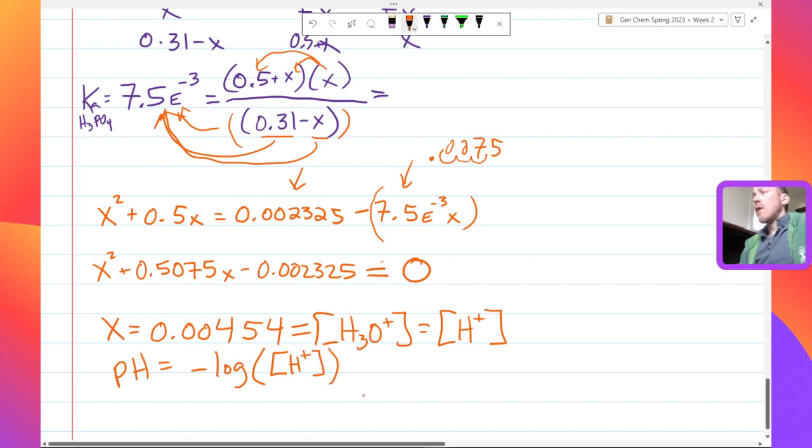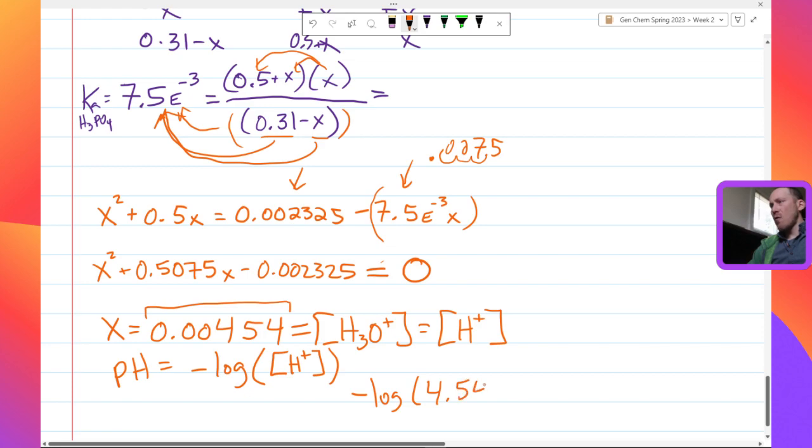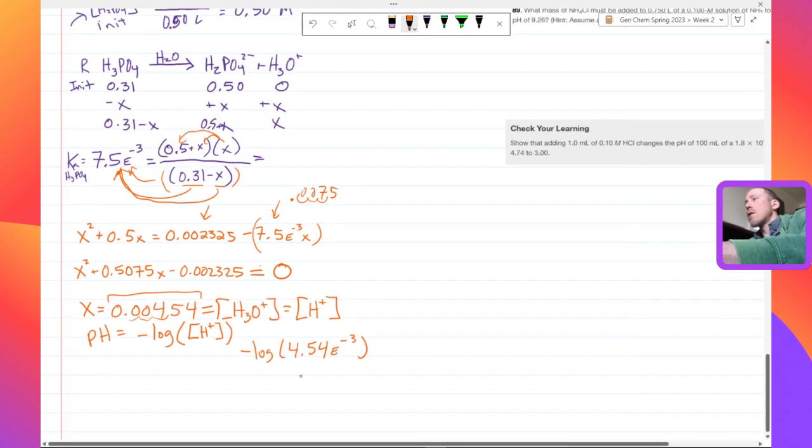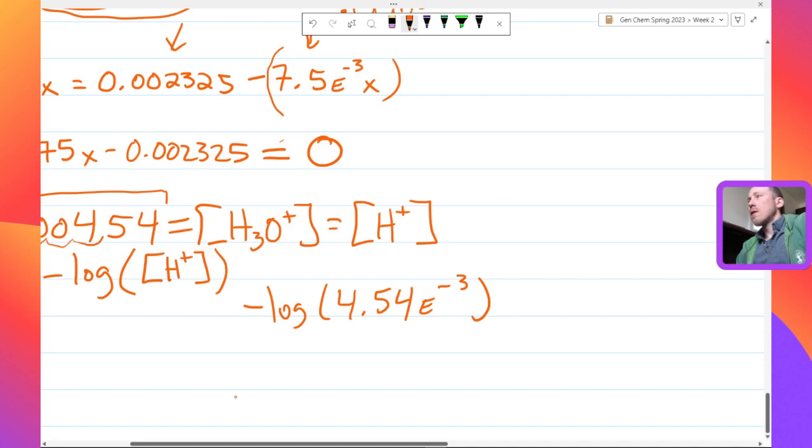Okay. And if you take the negative log of this, which is 4.54 times 10 to the minus 1, 2, 3, you get that the pH equals 2.34.